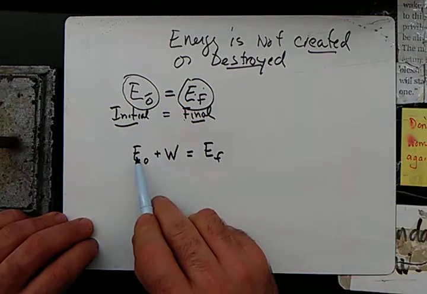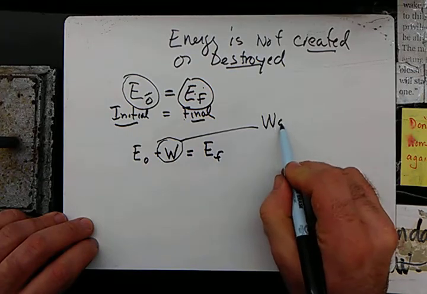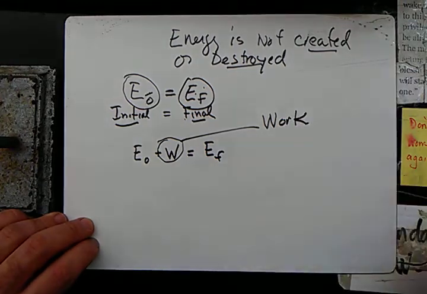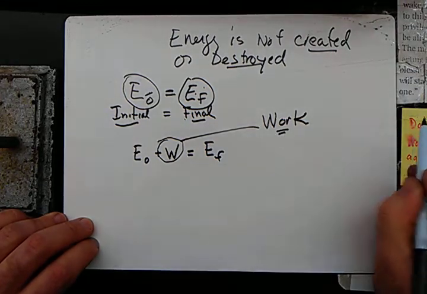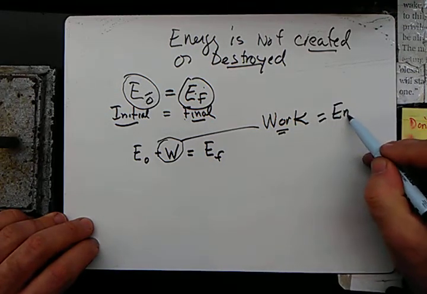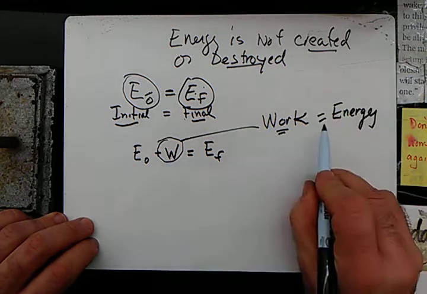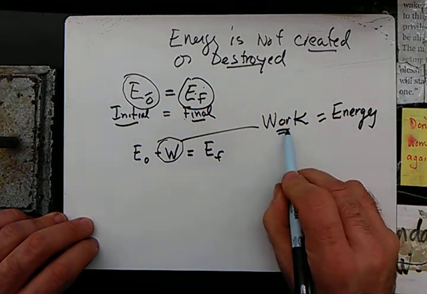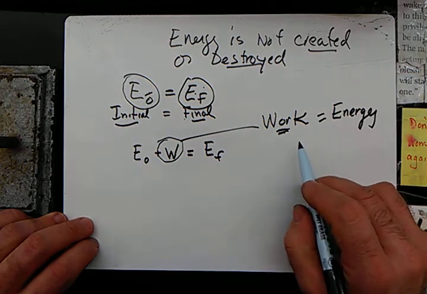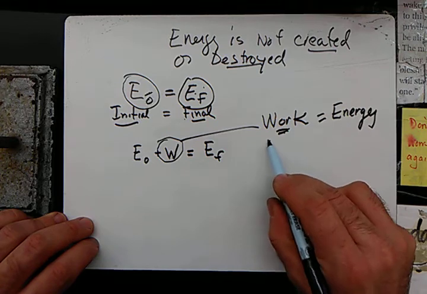Okay, so this work is going to be work. This is a system of energy. So work is energy. Okay, work is energy, and this can be defined as something that is moving. Let's say moving energy.